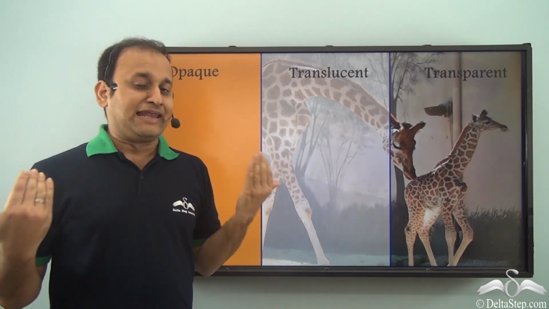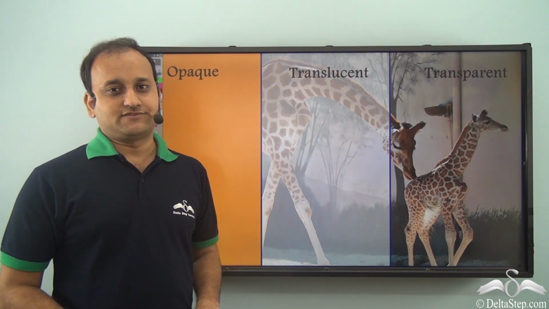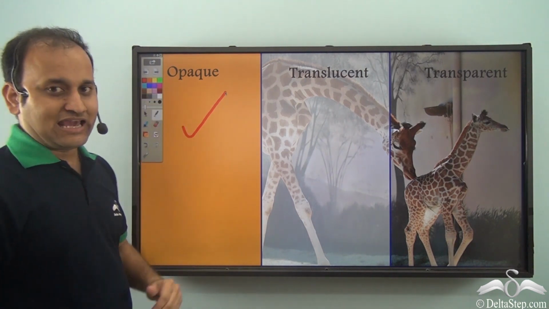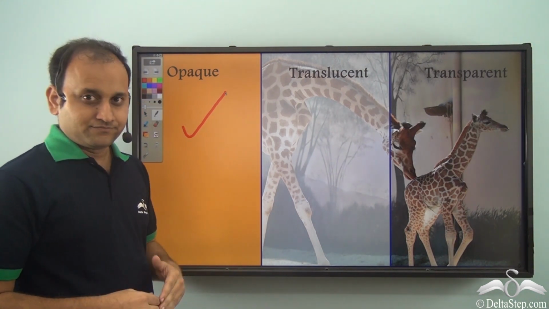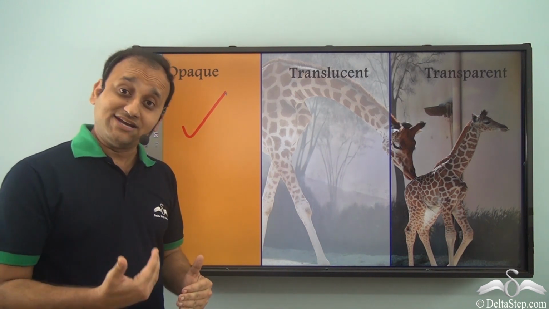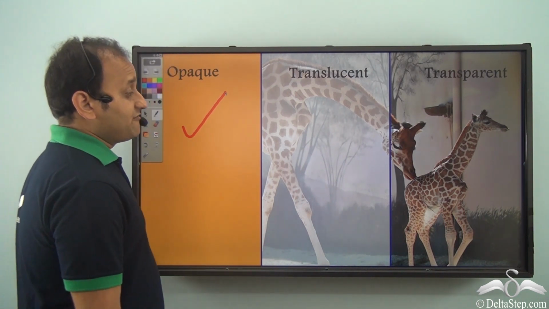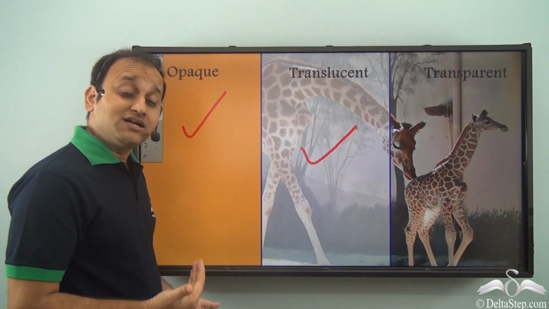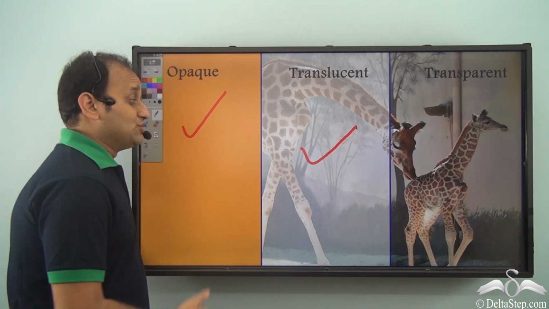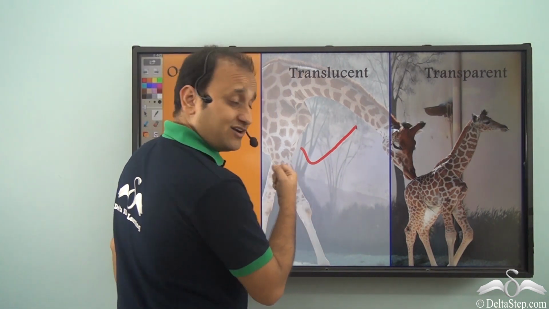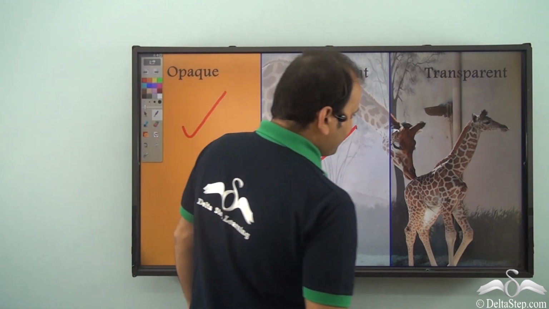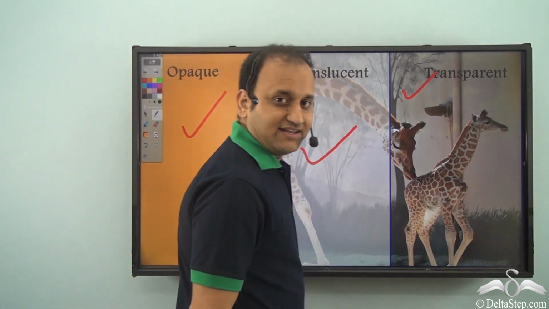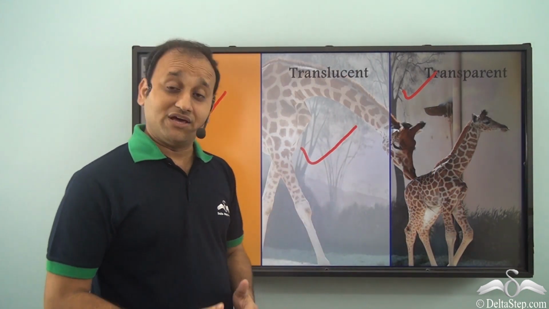So you see, in nature, we have three types of things. They can be either opaque, so nothing can be seen behind them. That is, it does not allow light to pass through it. Then we have translucent objects, which allow light to pass through them, but partially. As a result, you can see what is behind them, but not clearly. And then you have transparent objects, where you can clearly see what's behind them because they allow light to pass through them very easily.